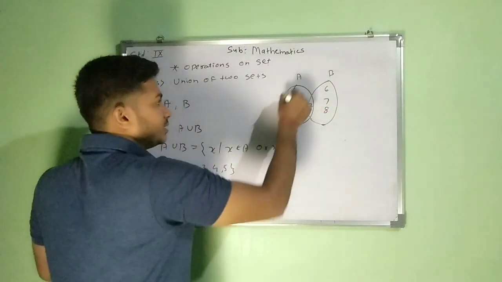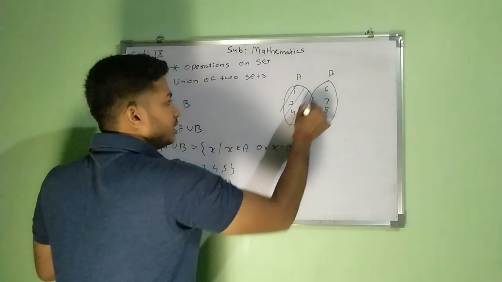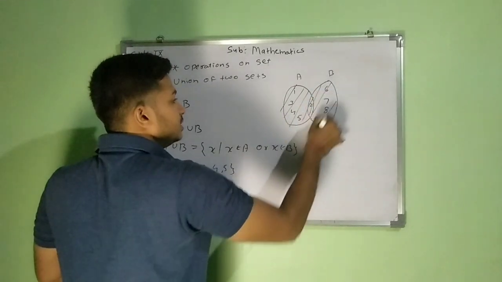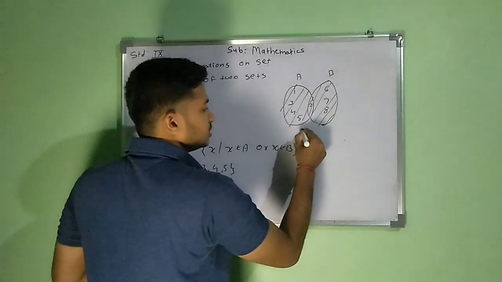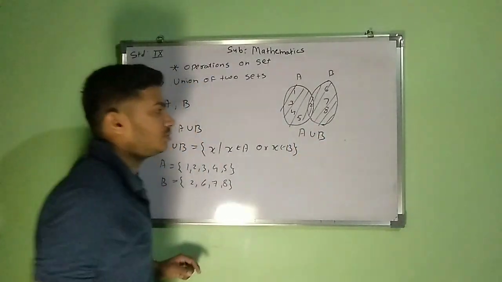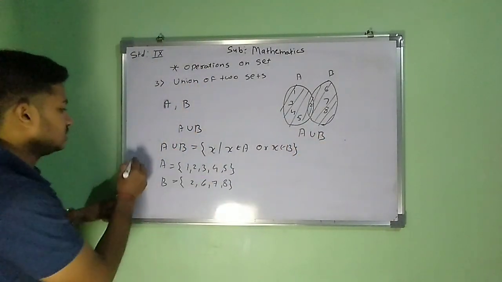So that means the complete set. That complete part is A union B. That complete part comes under A union B. This is an example.